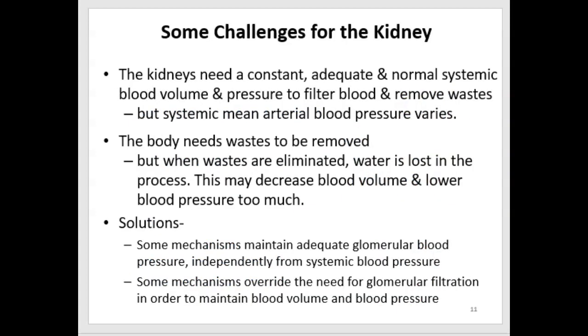So the kidney faces a constant challenge, or both kidneys do. They need a constant, adequate, within normal range, systemic blood volume and blood pressure to filter the blood perfectly. So it needs a constant, non-varying systemic blood pressure. But systemic blood pressure always varies.